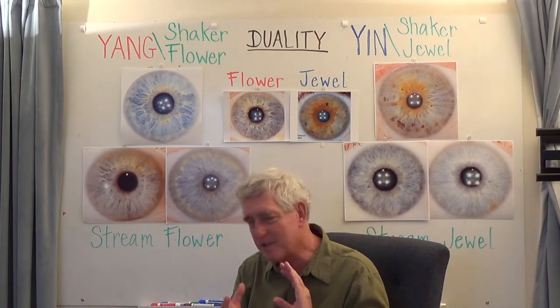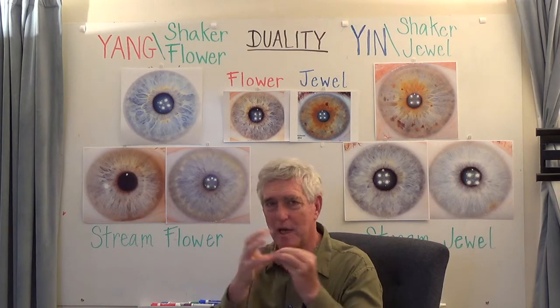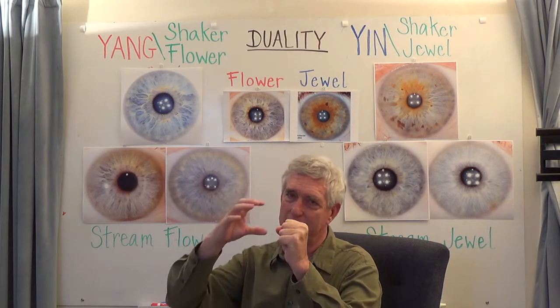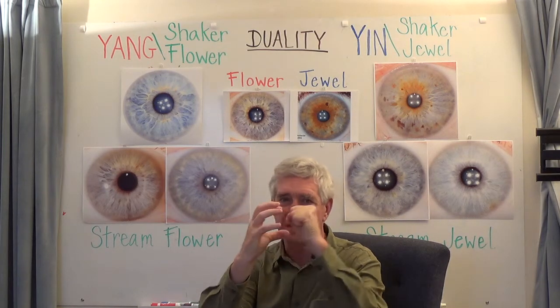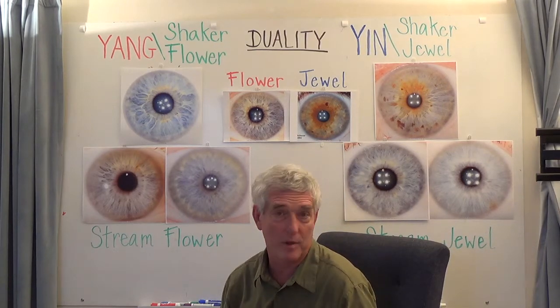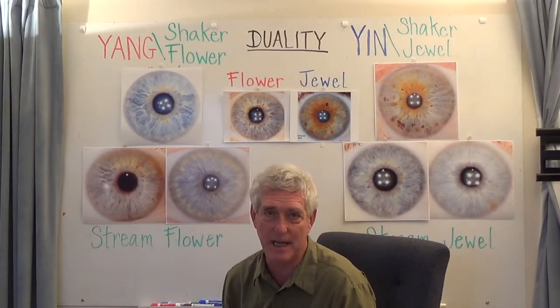But for me, it's always been about these two types of forces, the constrictive force and the expansive force together create a dynamic kind of energy. And we're going to describe that relative to the iris.